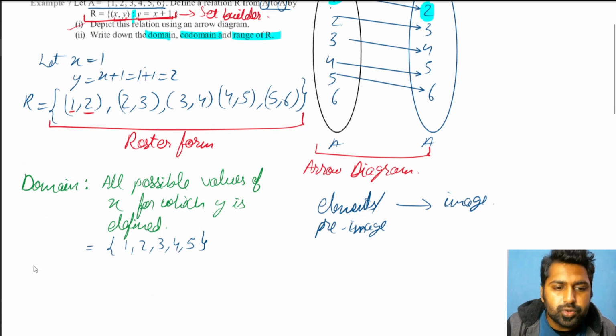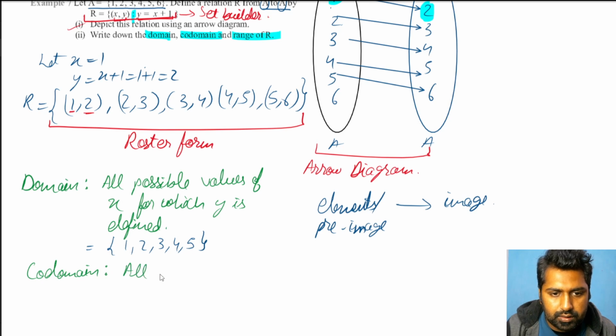These are not the way usually codomain and domain are defined, but I am defining this in simple words so you can actually solve questions easily. Codomain, all possible values of y.